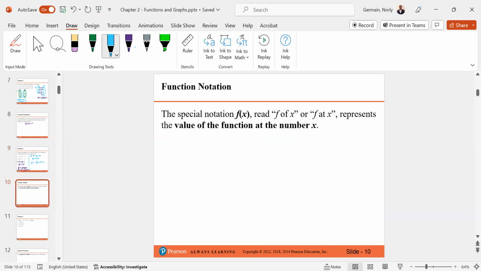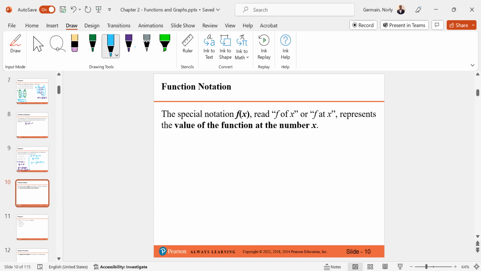How do we know? If an equation in x and y gives you one and only one value of y for each value of x, then the variable y is a function of the variable x.